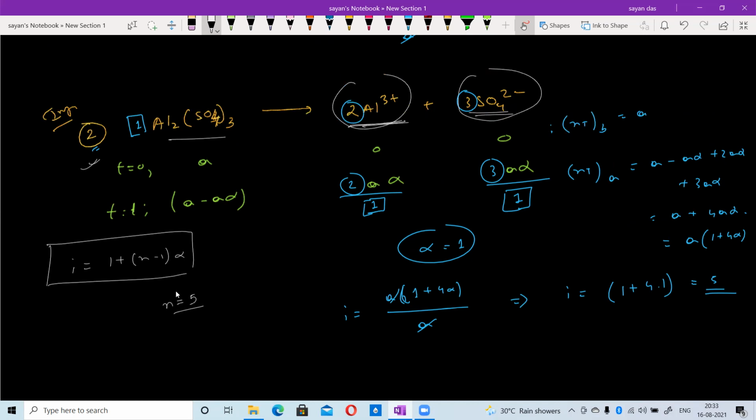Alpha is not given, and for an ionic compound alpha is always taken as 1. So just put in the values: 1 plus 4, that means 5. Look, this value and the earlier value are the same. Is it clear?